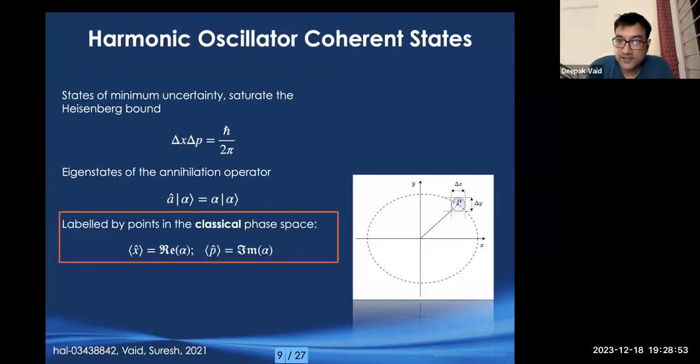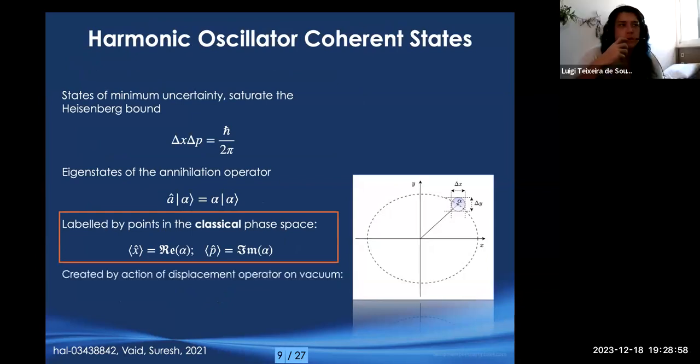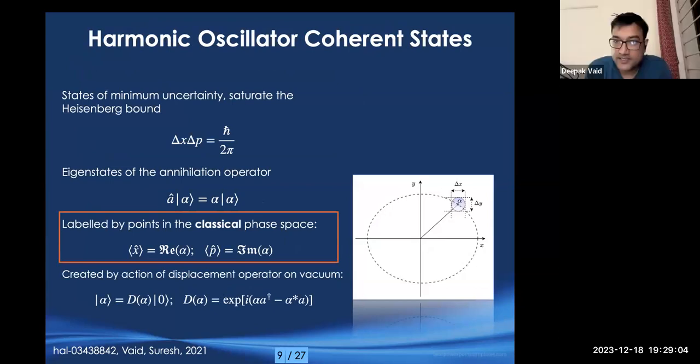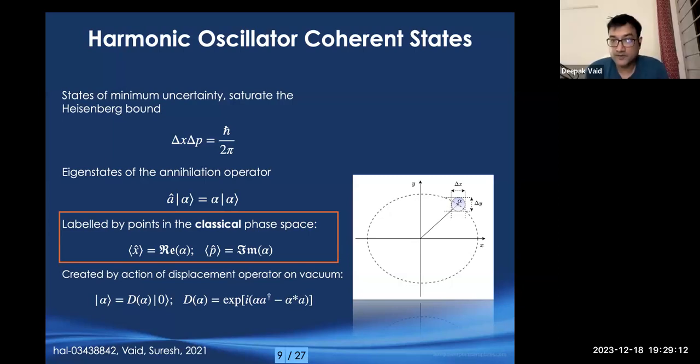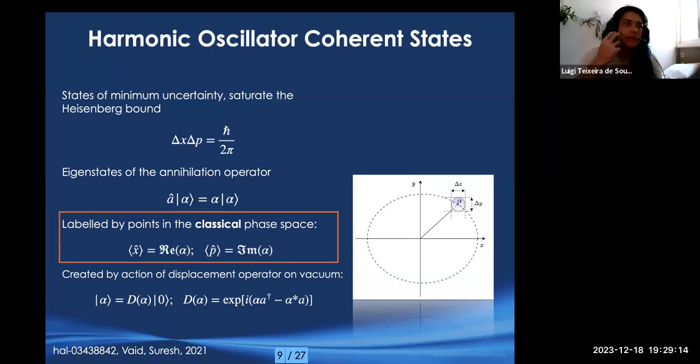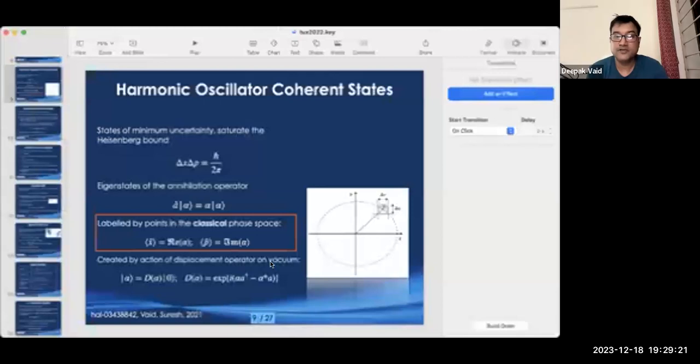You have the A hat. You need an eigenstate of the annihilation operator. And those eigenstates are labeled by the eigenvalue, which will be a complex number, which encodes the expectation value of position and momentum.